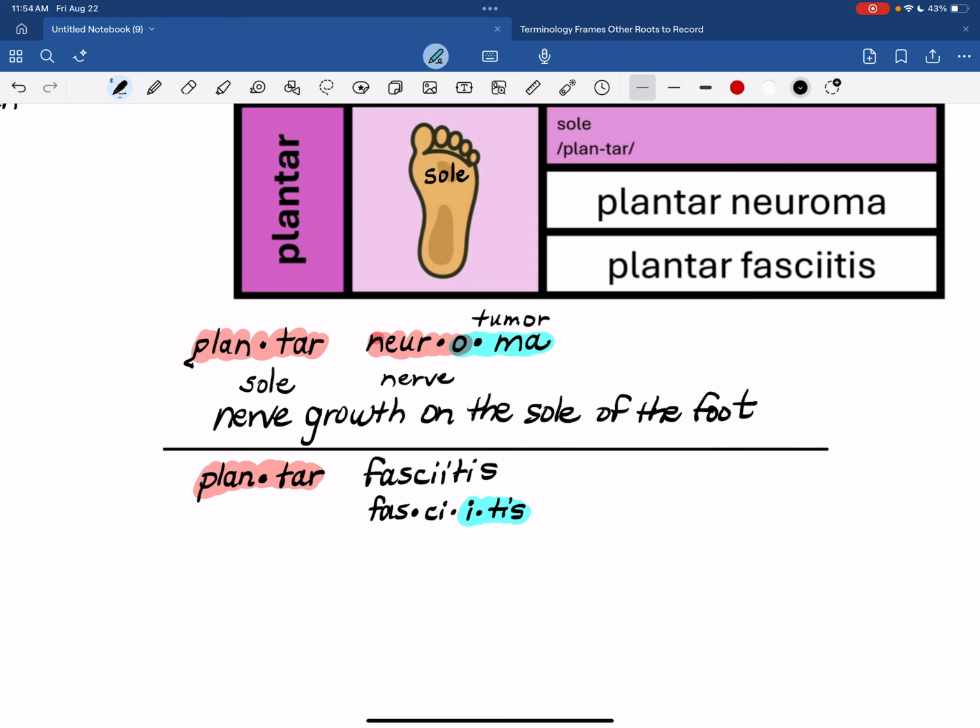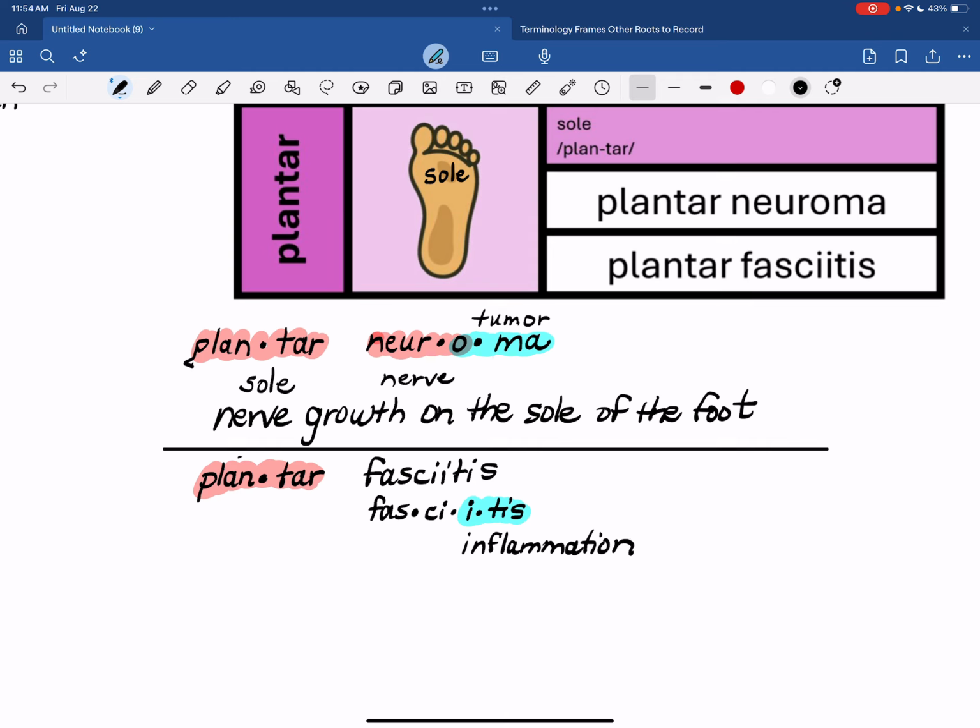Okay, it says about what I think it did. It's a common source of heel pain. There is a band of tissue across the bottom of the foot called the plantar fascia or fascia, and that is what gets inflamed. So this is inflammation of the plantar fascia.